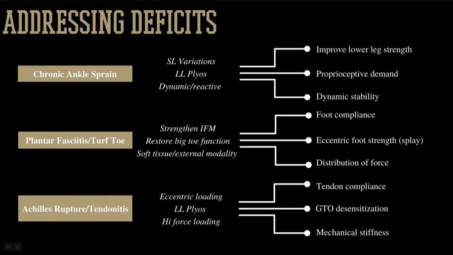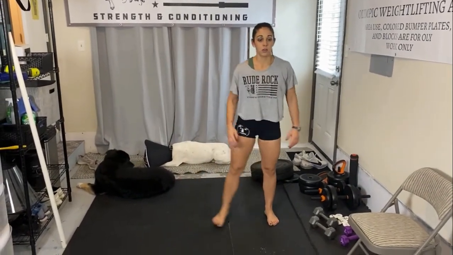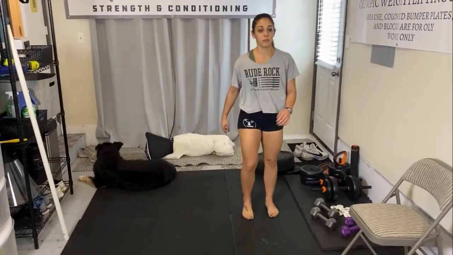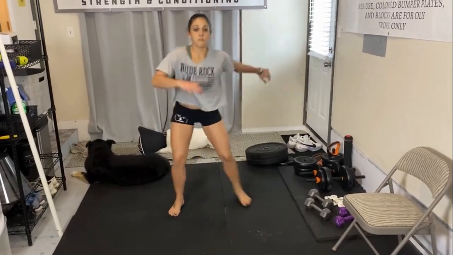And that's because we need more sensory input to collect more information to send back, because it's a further distance from our governor of movement, which is the brain. So for ankle sprains, confidence, proprioceptive demand, dynamic stability, these are going to be kind of your bread and butter once foundational strength and lower leg strength has been reestablished.